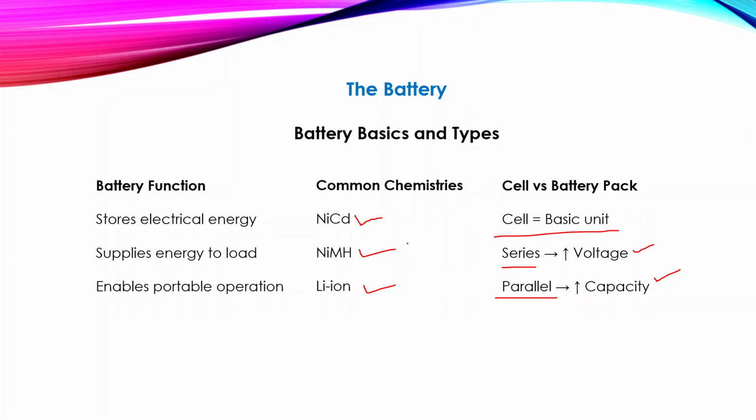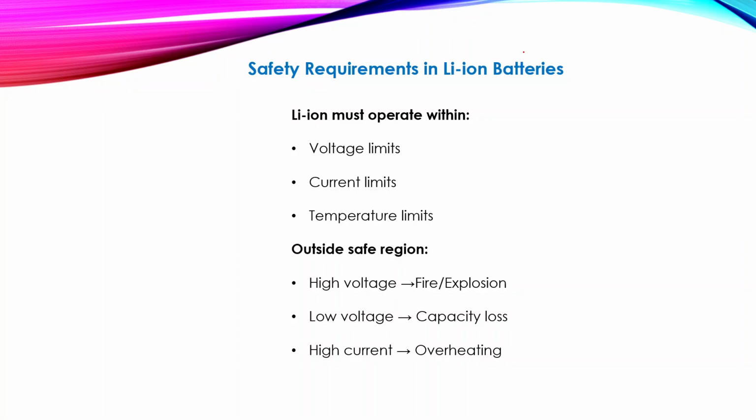Now, for example, if I'm considering a lithium ion cell for battery manufacturing, what are all the safety requirements? We'll see. The safety requirements for lithium ion batteries include strict safety control. They must operate within the specified voltage limit, current limit, and temperature limit.